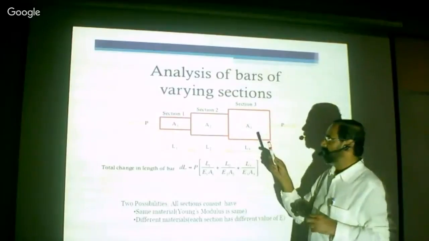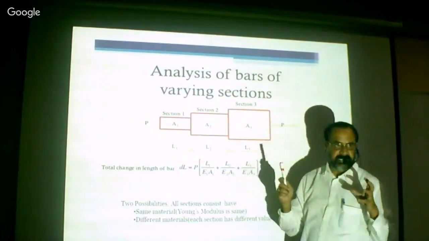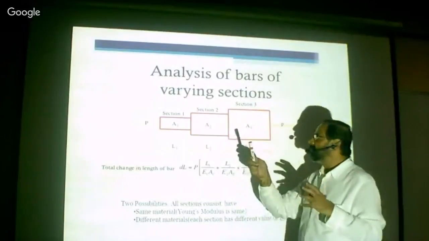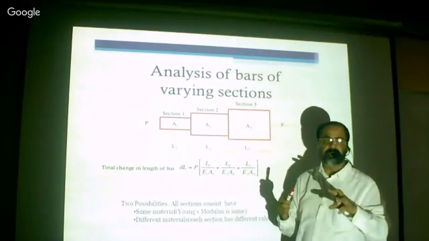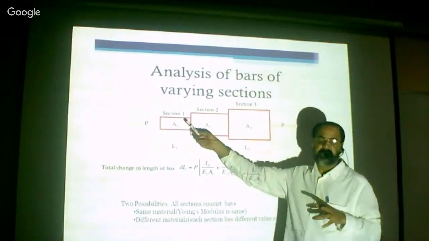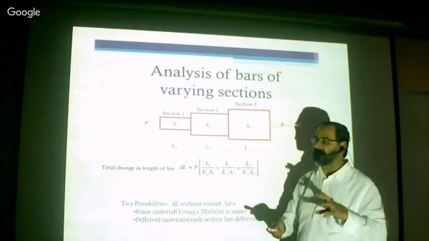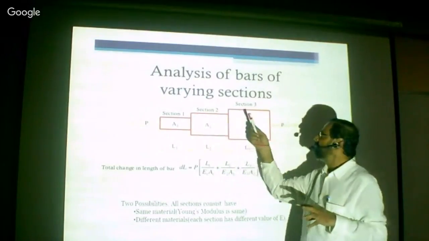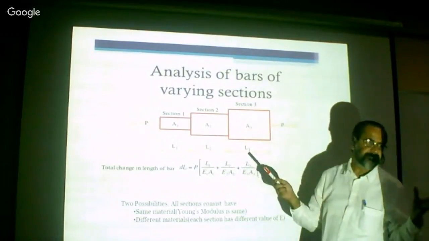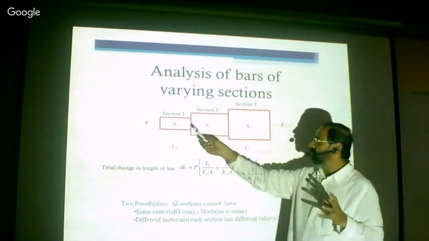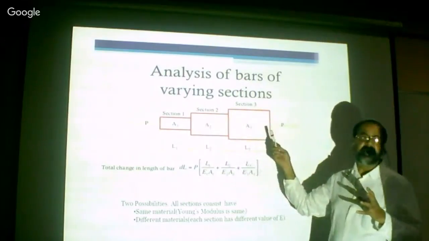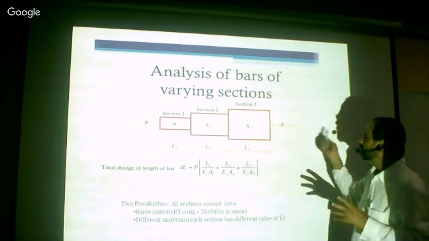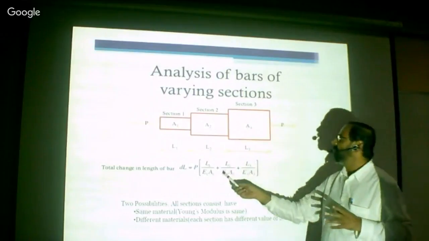So the total change in length is delta L, which equals delta L1 plus delta L2 plus delta L3, and if you have many more sections, we can add any number. This is what we have written here.